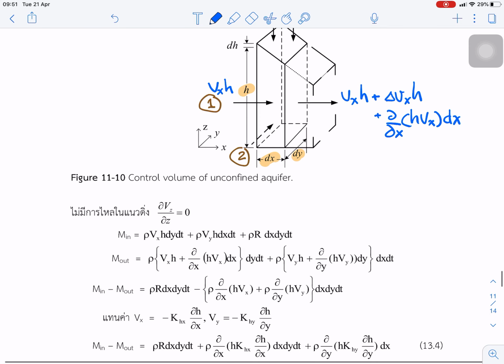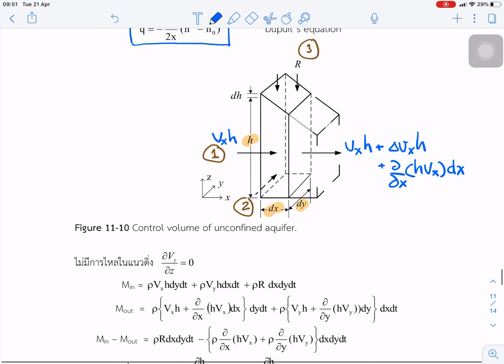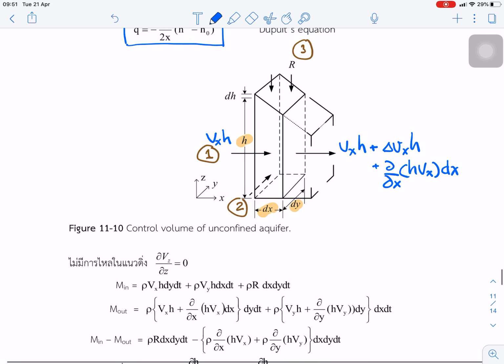Okay. Or we can start again with qx, and this qx can be substituted with Ax, and for Ax it is equal to h times dy.